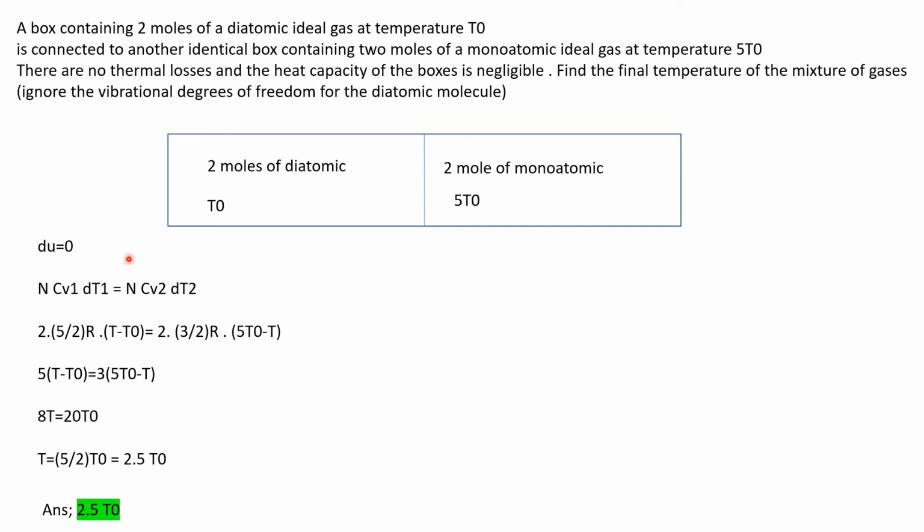So here we can write it as nCV1 dT1 is equal to nCV2 dT2. For diatomic molecule, we know that the value of CV is equal to 5/2 R, whereas for monoatomic molecule, the CV is 3/2 R. So by solving this equation, we can find that the final temperature T will be 2.5T0.